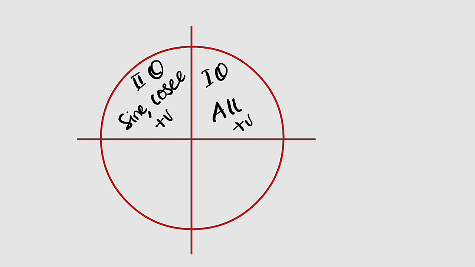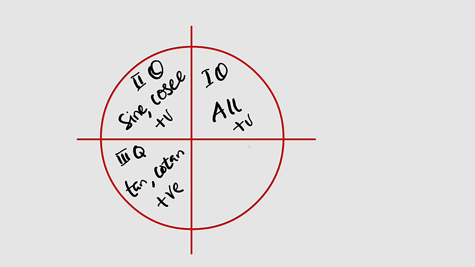And whenever you divide negative by negative, you get positive. Therefore, tangent here, this is what? Third quadrant. We have tangent and its reciprocal, which is cotangent. Cotangent and tangent are positive here.